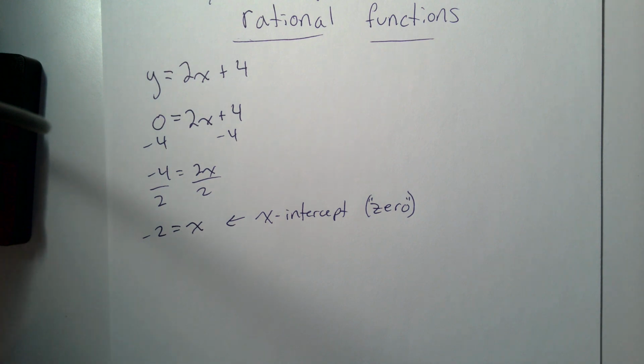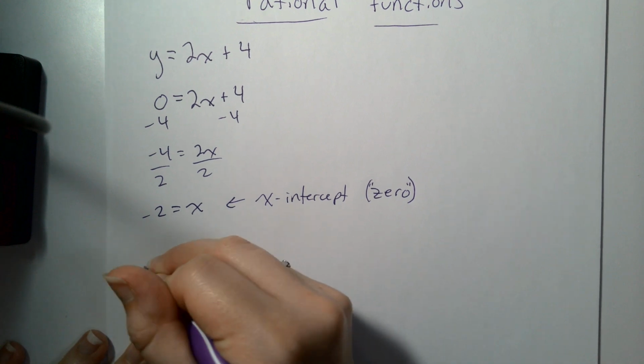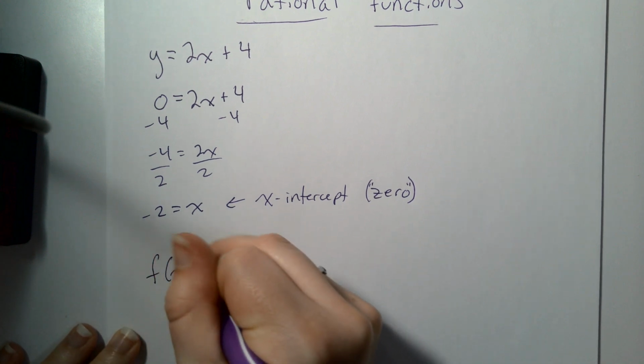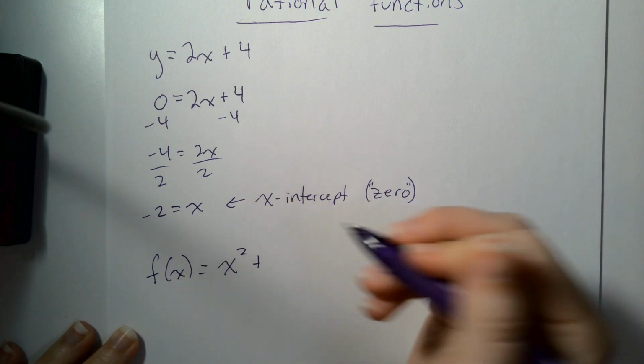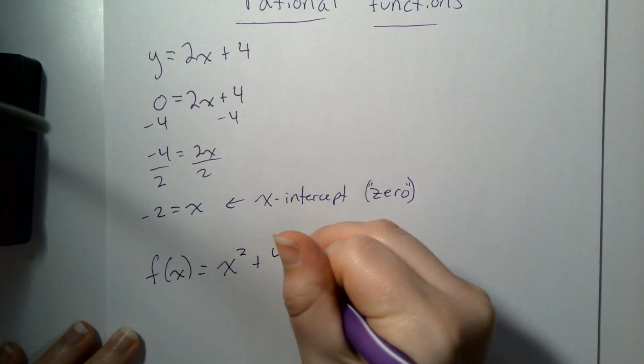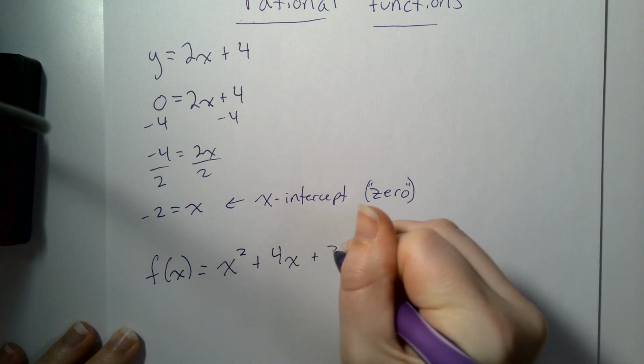We've also talked about x-intercepts of quadratic functions. So we had, like, f of x equals x squared plus 4x plus 3.